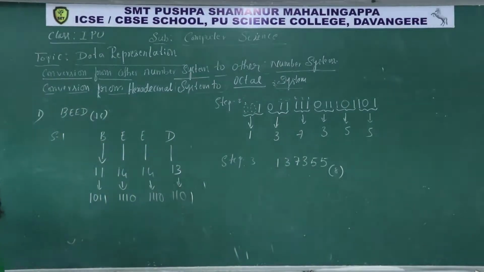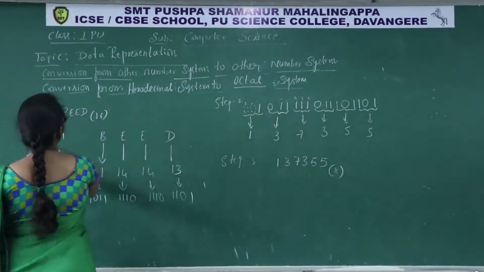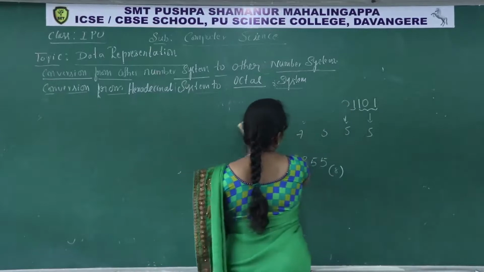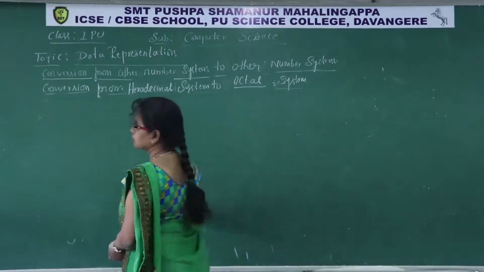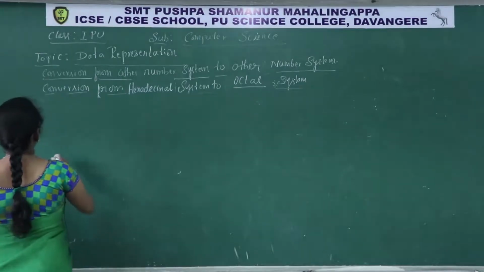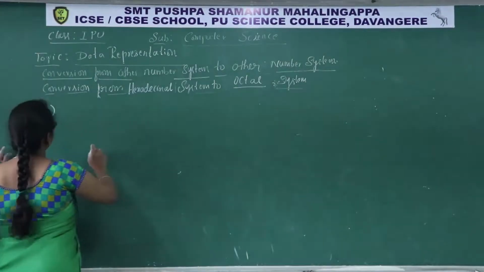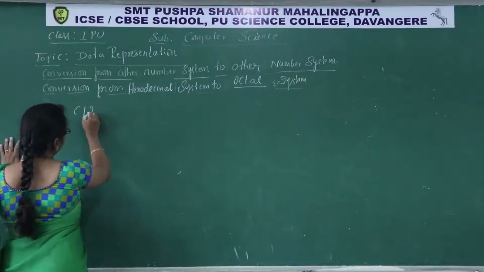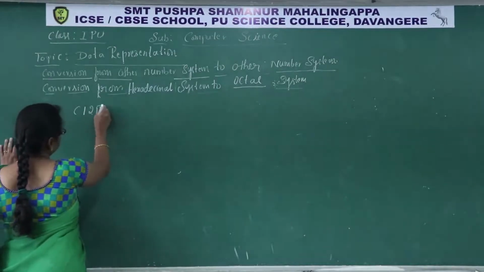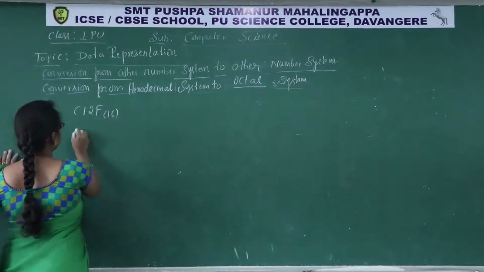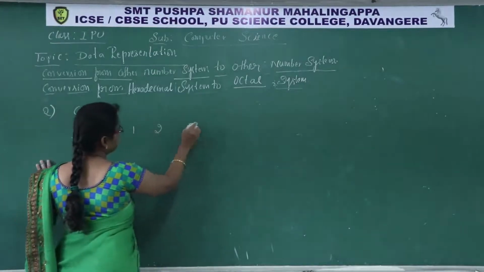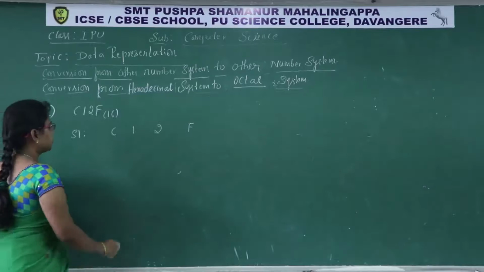Next. C12F base 16. Step 1: for C12F, we have to write the 4-bit binary representation.